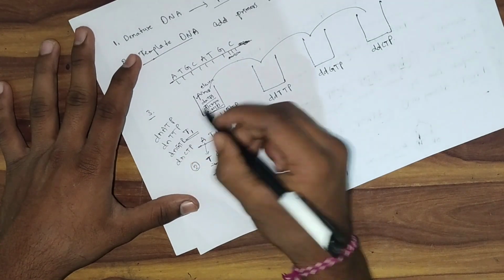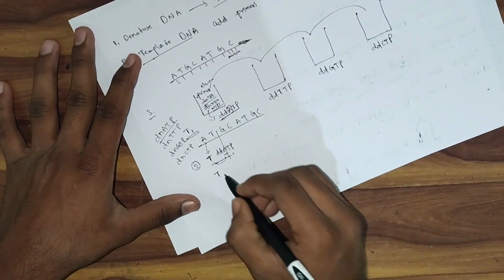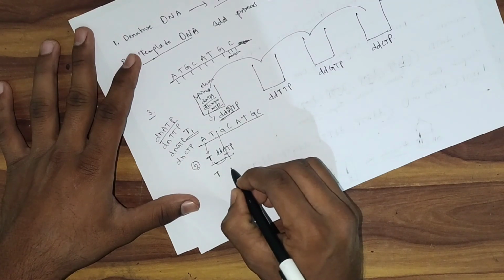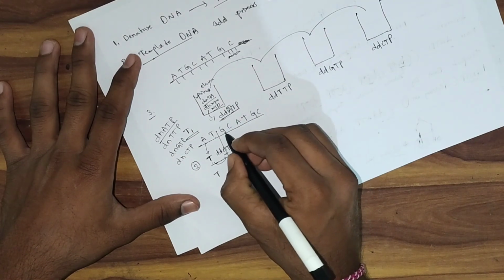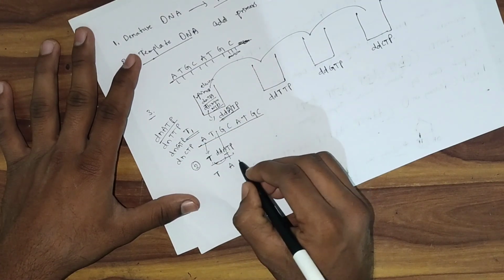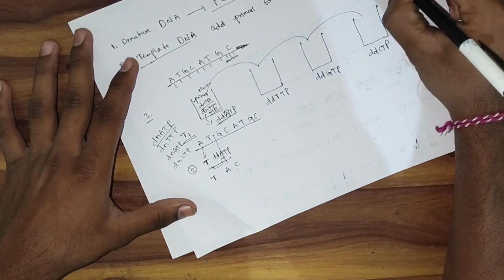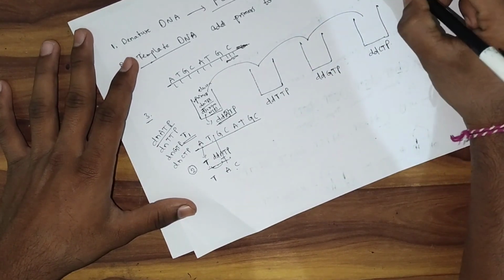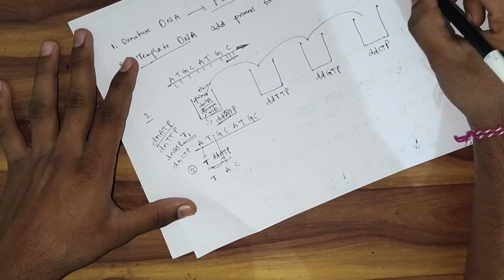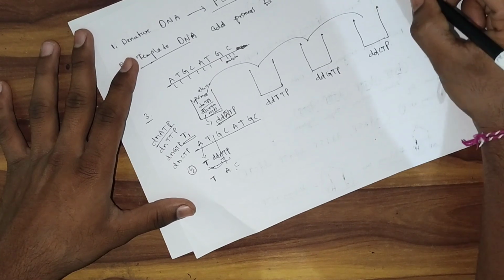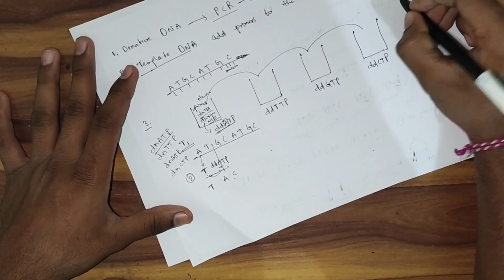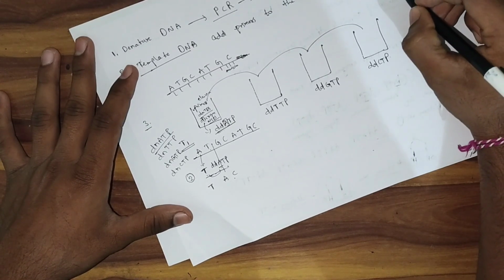If we take the dNTP here, then thymine will be added. Next, the opposite of guanine is cytosine. So A is complementary to T, T is complementary to A, and guanine is complementary to cytosine.